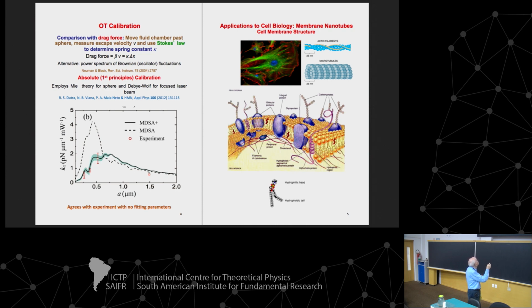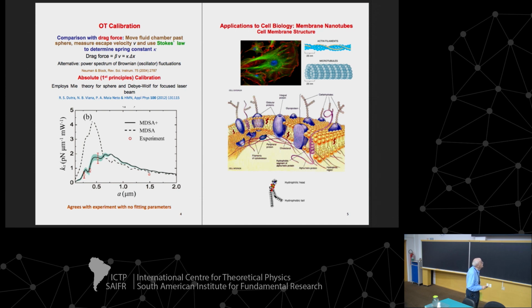And both methods are well described in this paper by Neumann and Block in Review of Scientific Instruments. However, you can try to get an absolute calibration from first principles if you know enough about how to compute the force from first principles.